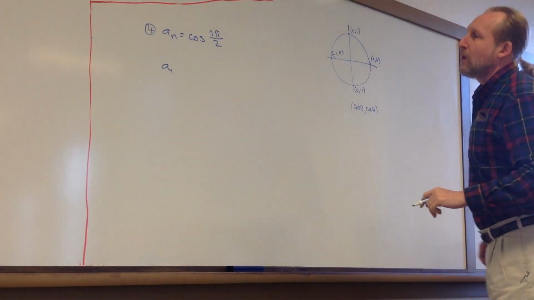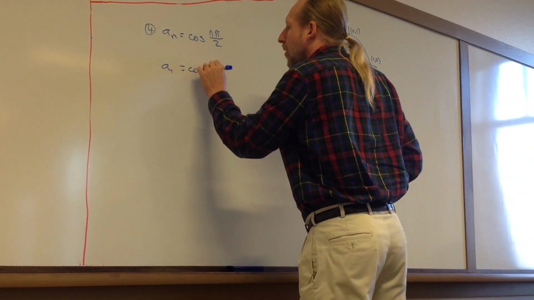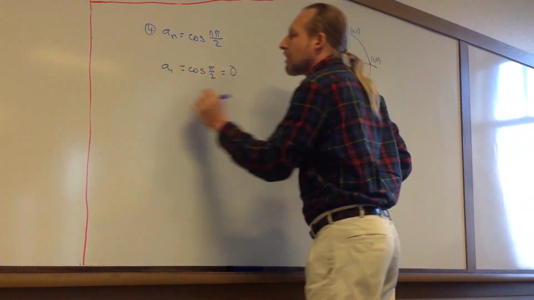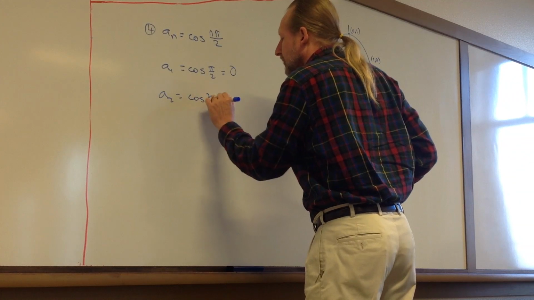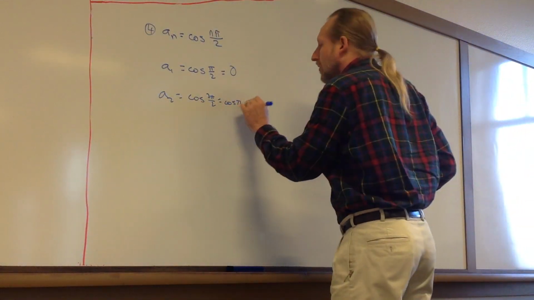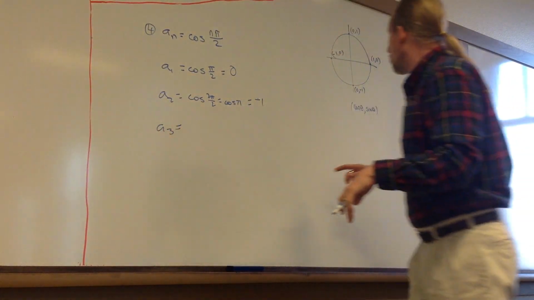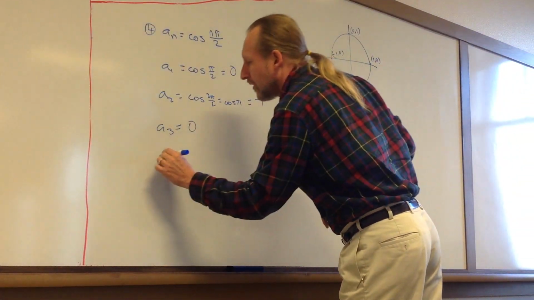Okay, so if we want cosine of 1 pi over 2, then that's going to be 0. And then cosine 2 pi over 2 is the cosine of pi, so that's negative 1. A sub 3 is the cosine of 3 pi over 2, which is again 0.